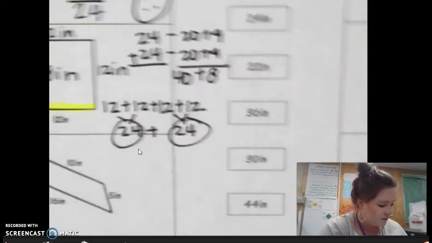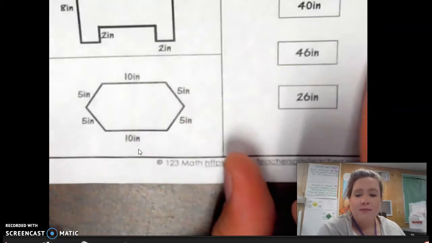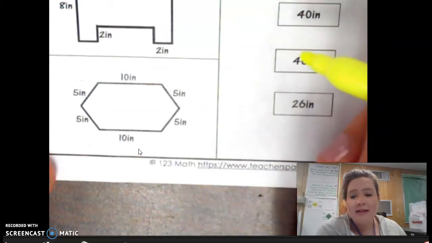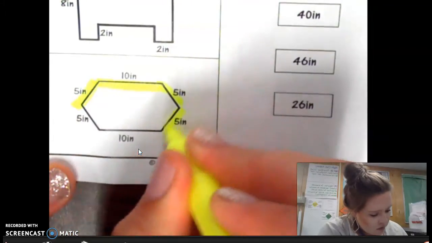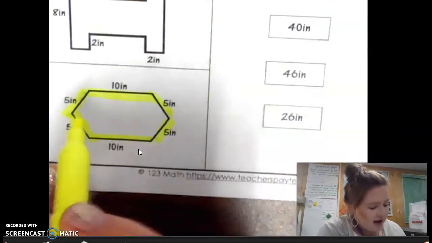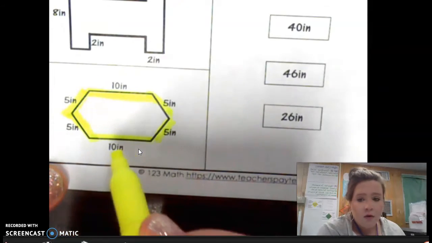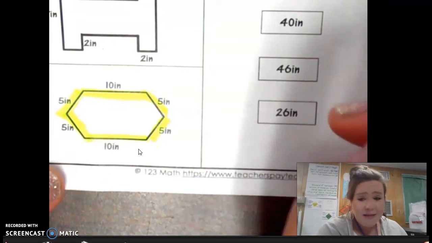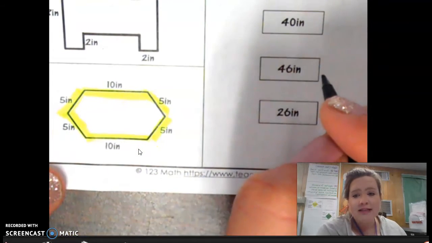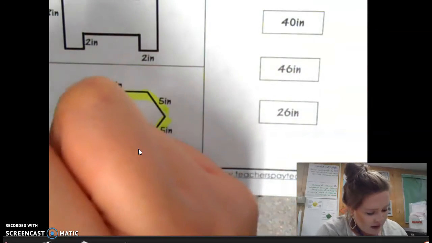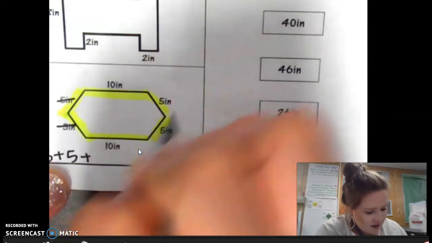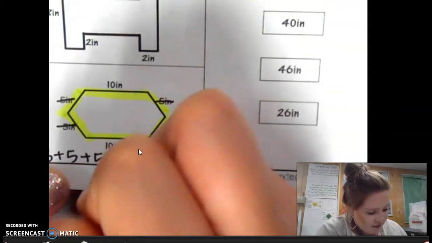All right. Let's look at this one. Again, I'm going to highlight the side lengths that I know. And I highlighted 1, 2, 3, 4, 5, 6 side lengths. So that means that I need to add up 6 different sides. Well, here I'm adding 5 plus 5 plus 5 plus 5.